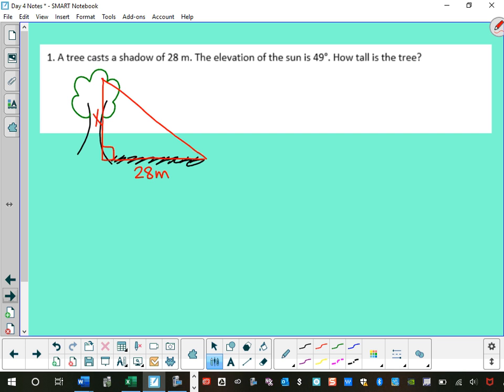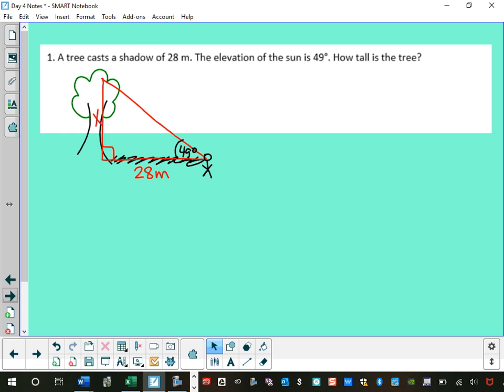Let's pretend that we are down here on the ground. Let's pretend my line of sight is straight across. It says the angle of elevation is 49 degrees. That's where my angle of elevation would be.